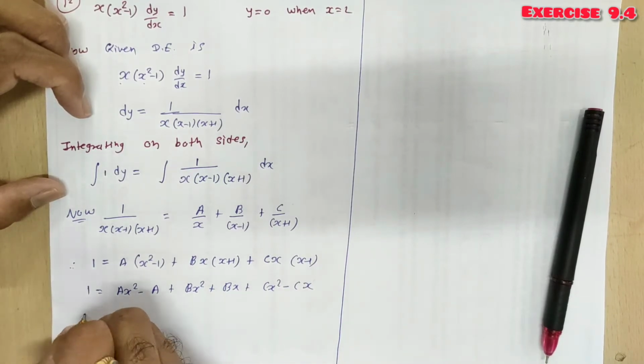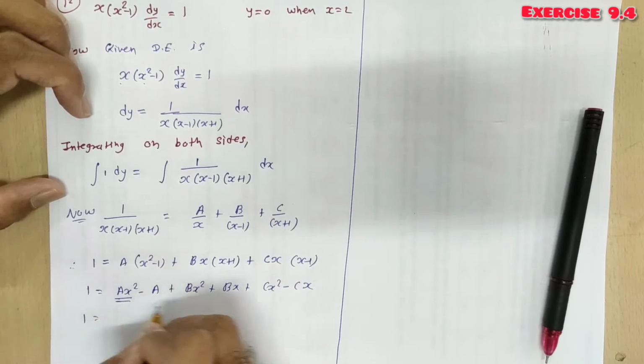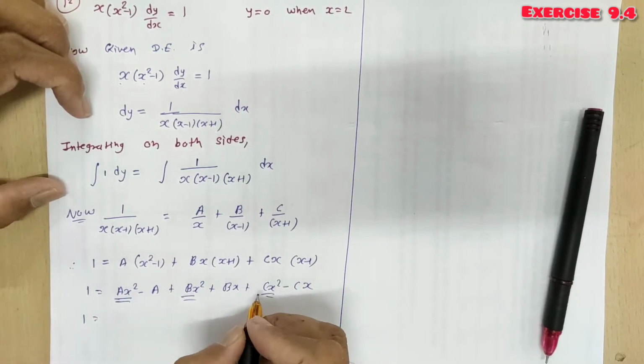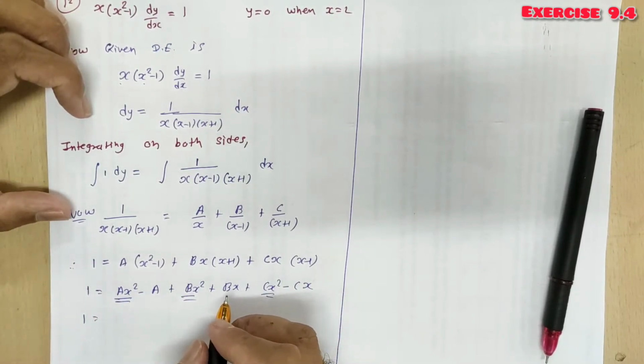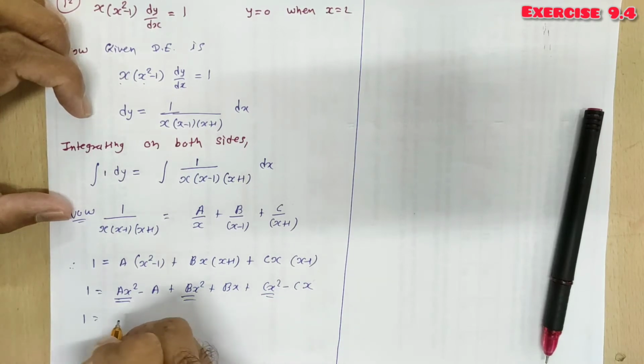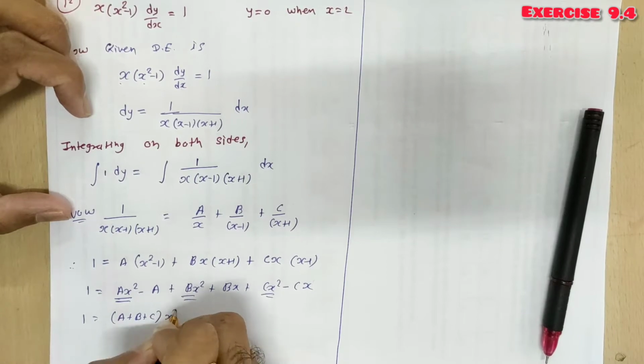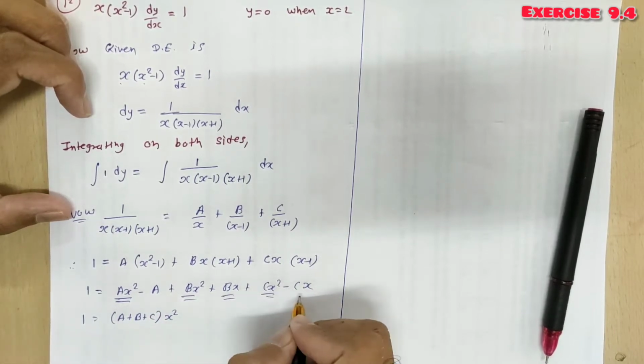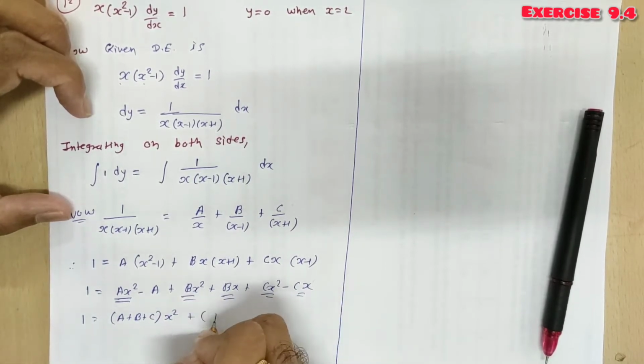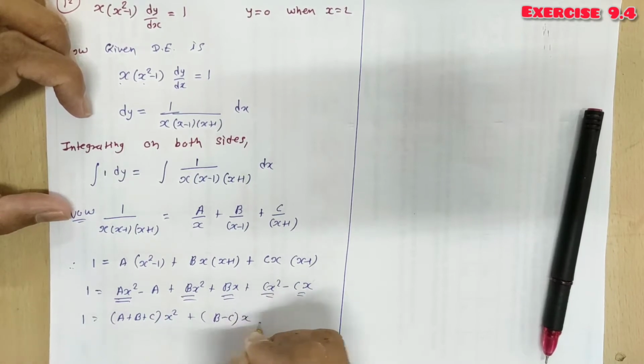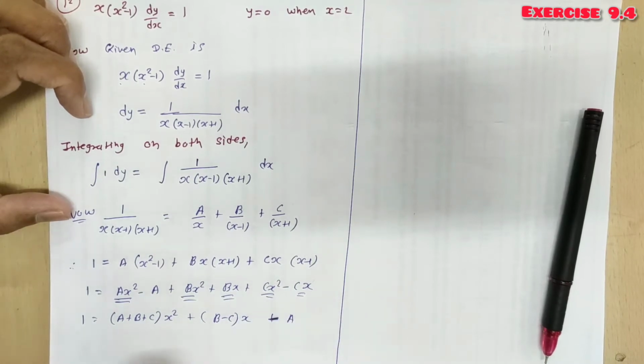Done. Now, for the terms with x², we can take x² common. So it's (a+b+c)x². Now here we can take x common, so it's (b−c)x, plus the constant term, only −a is there.